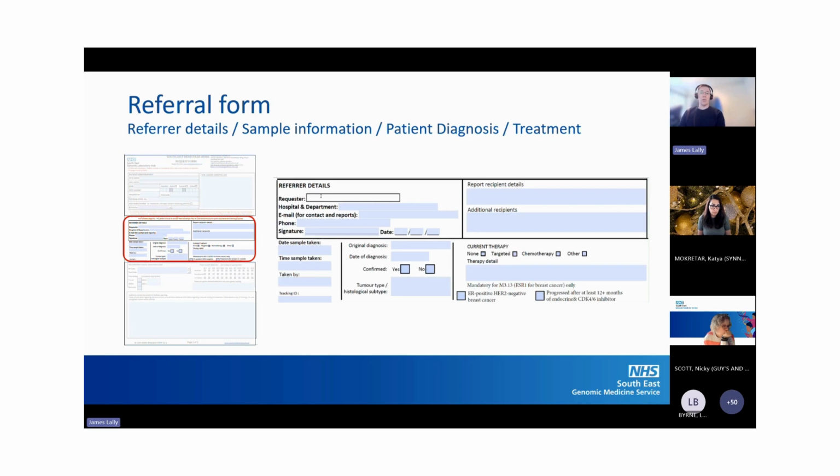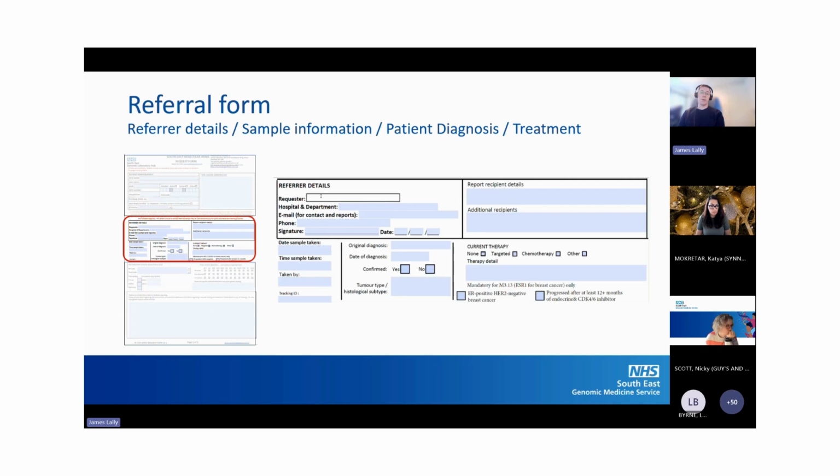The next section is where you indicate who the referring clinician for the test is and where the report should be sent to. Underneath this is a section where the date the sample was taken must be indicated. Additional details on the patient's disease histology should also be completed where known, including current therapy.